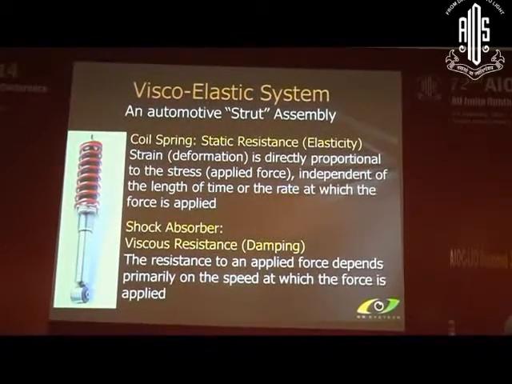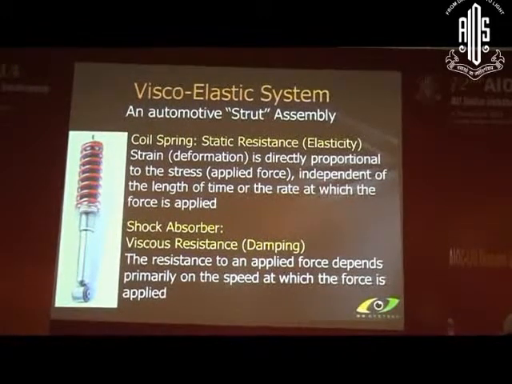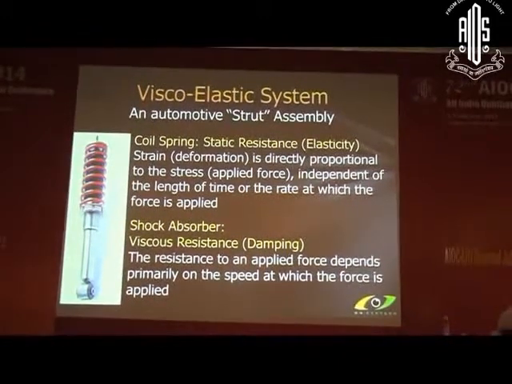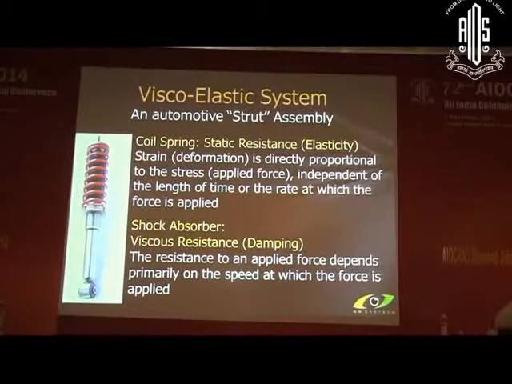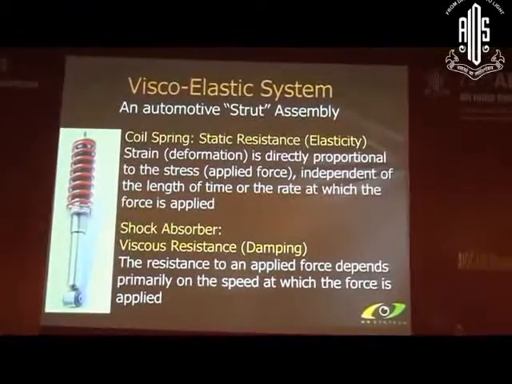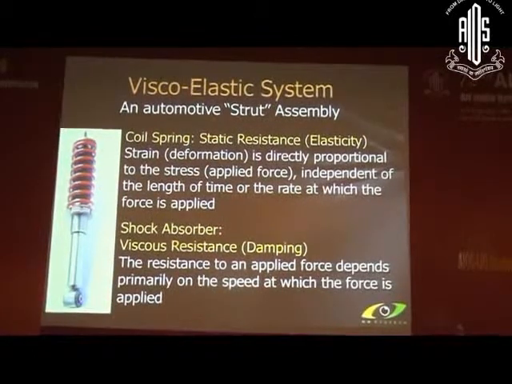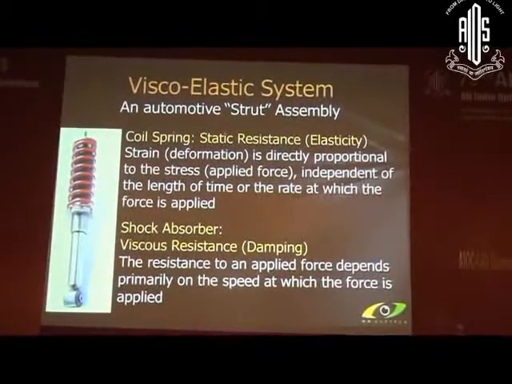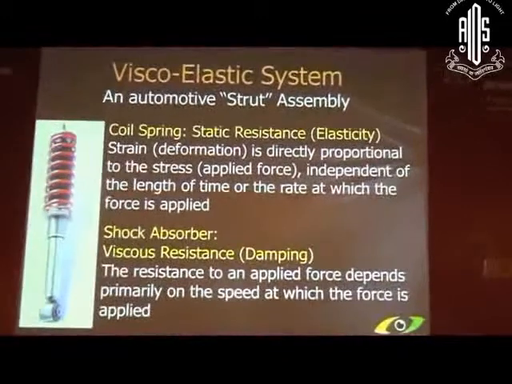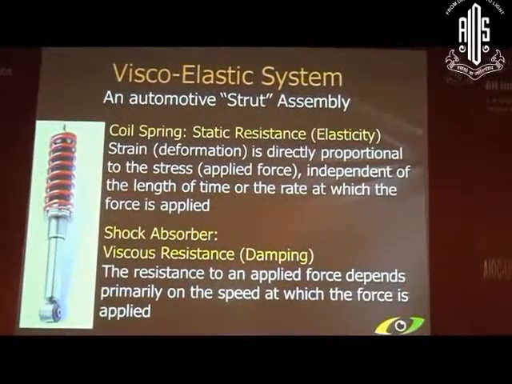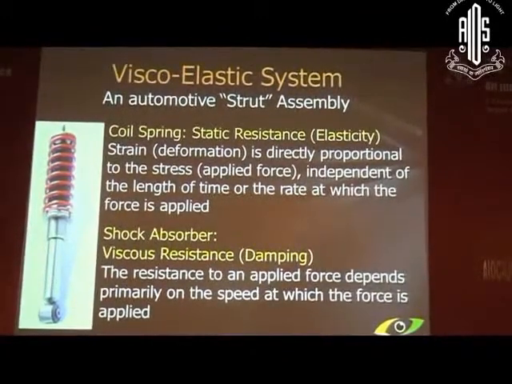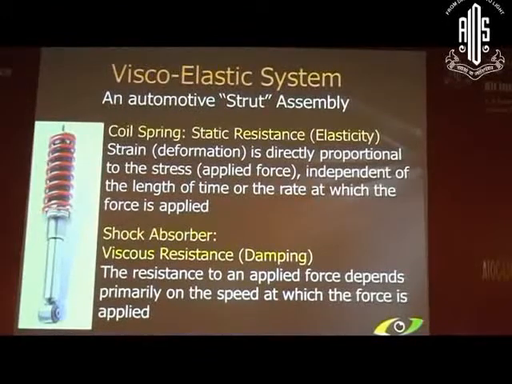It requires the same amount of force. And if you release it, it will spring back almost instantly to its original form. On the contrary, you take a viscous device like a shock absorber, and what does it do? It's gas or fluid, but the resistance that it will give you is based on how quickly you compress it. The quicker you compress it, the more resistance it's going to give you, and that is called viscous damping.